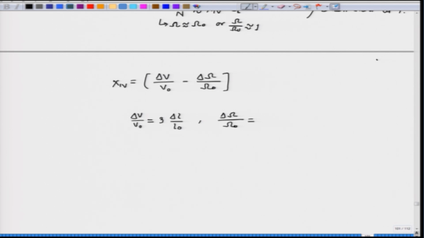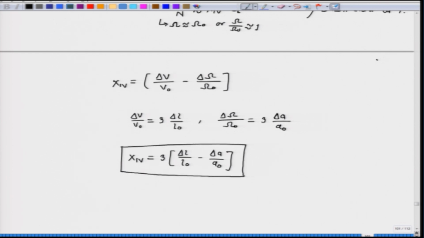So, delta omega by omega 0 is equal to 3 times delta A by A 0, where delta A is the change in lattice parameter because of the heating from T 0 to T, and A 0 is the lattice parameter of the metal piece at T 0. So, we can write this as x1V is equal to 3 times delta L over L 0 minus delta A over A 0.